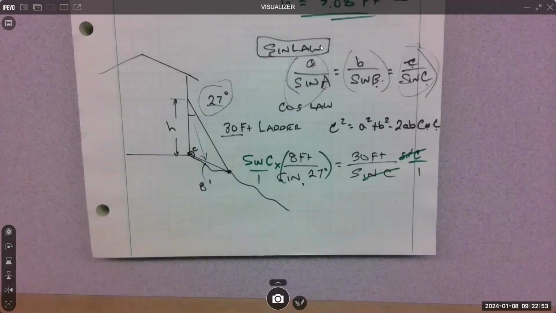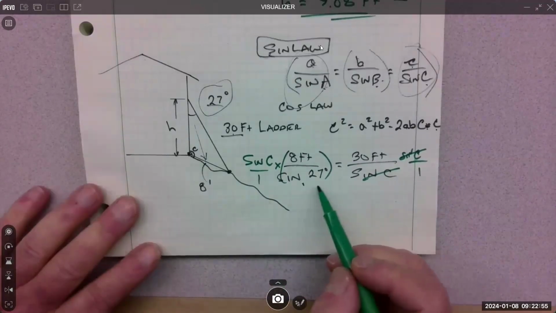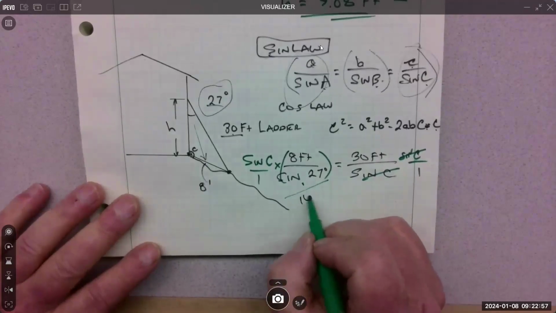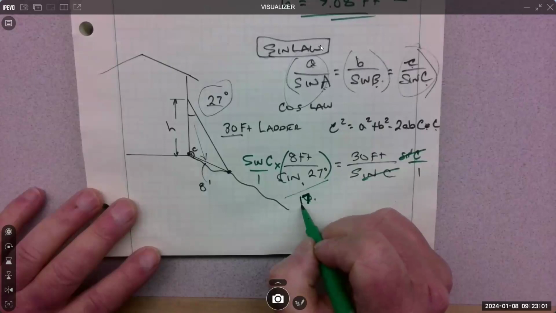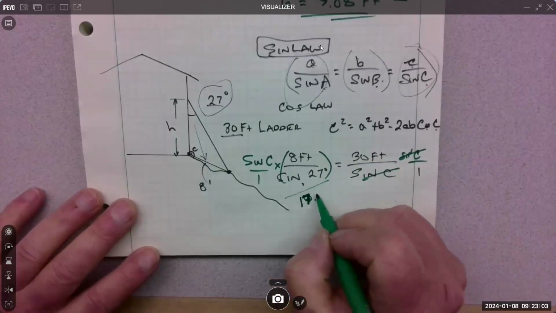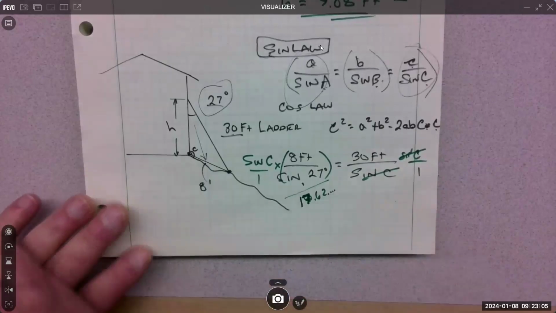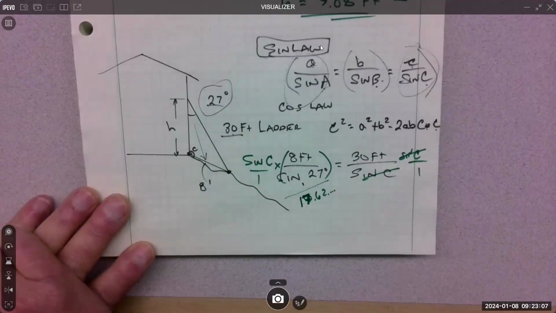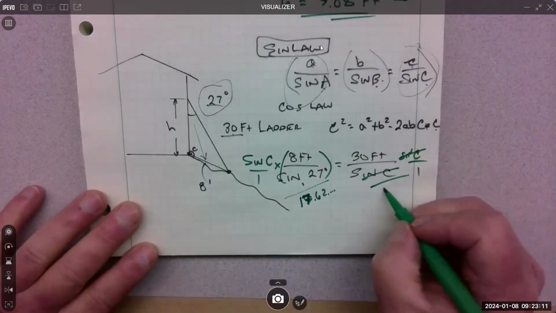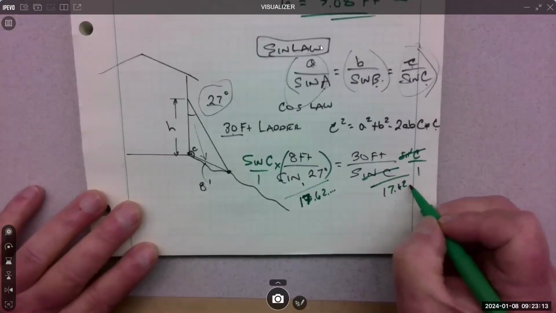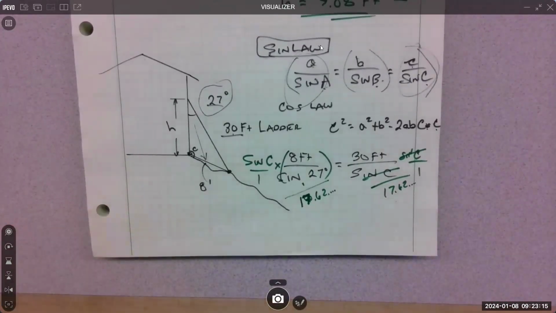And I'm gonna divide by it because I'm gonna divide by it over here. So I'm dividing by the 17.62 yada, yada, yada, which means I have to divide this side by that also. Right, so that's the 30 feet divided by that number.